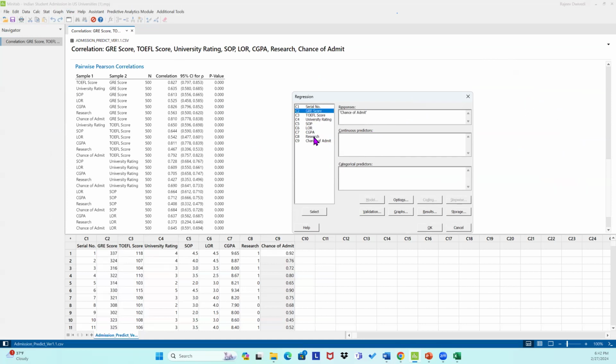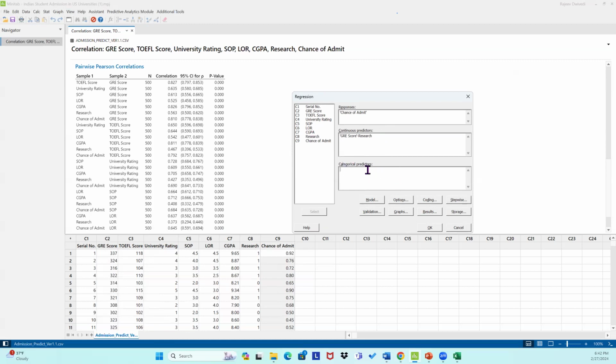Under the categorical variables, you can select, for example, research, which is our categorical variable because here you have 0 and 1 categories. University rating is another categorical variable, but it will make different models.